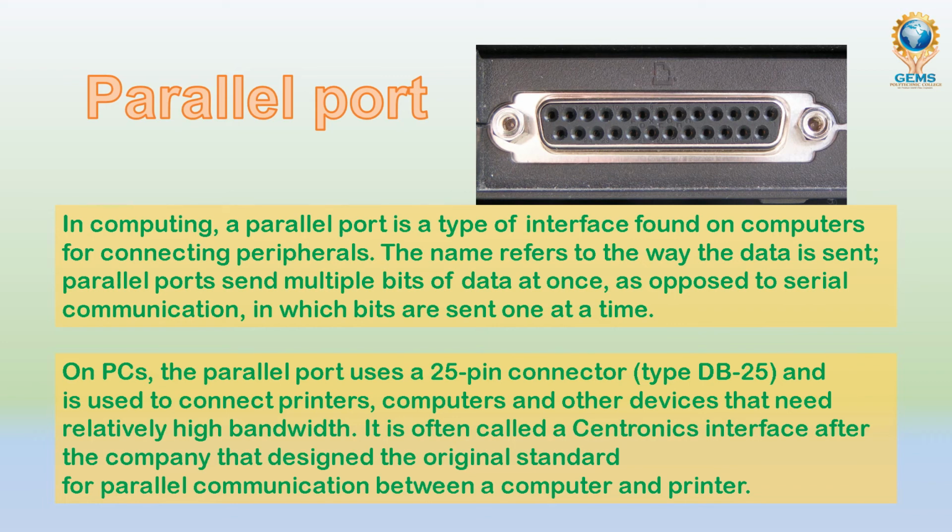On PCs, the parallel port uses a 25 pin connector called type DB25, and it is used to connect printers, computers and other devices that need relatively high bandwidth. It is often called the Centronics interface after the company that designed the original standard for parallel communication between the computer and printers.